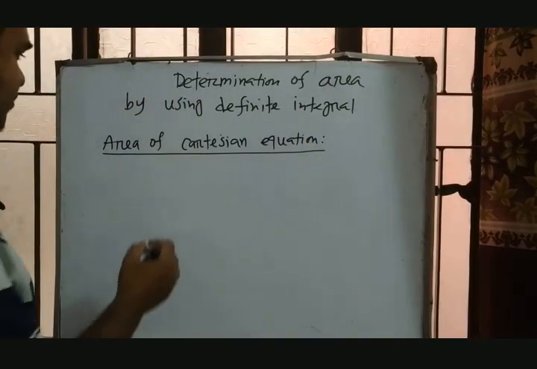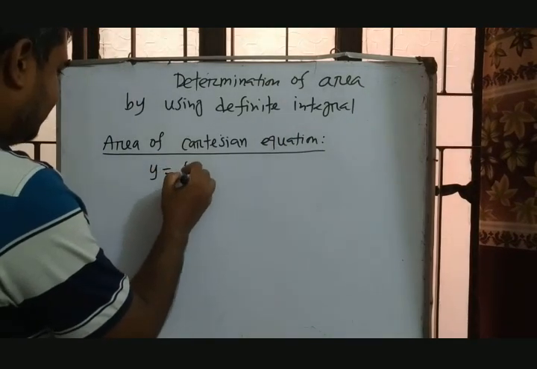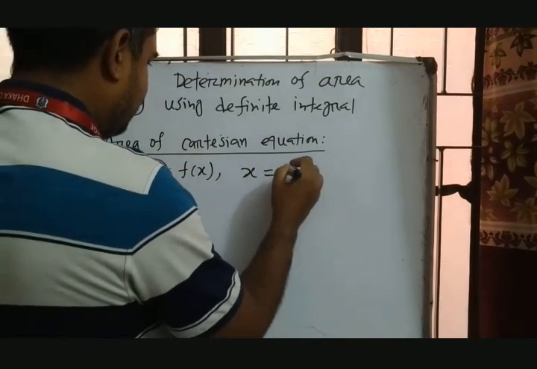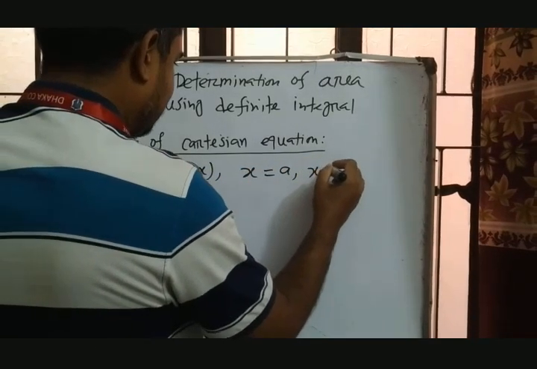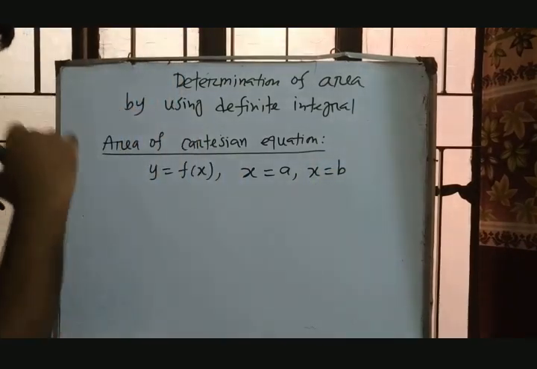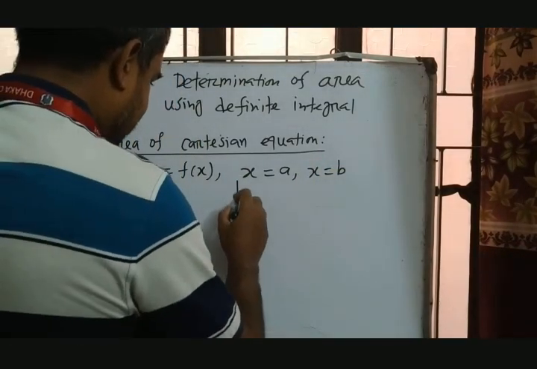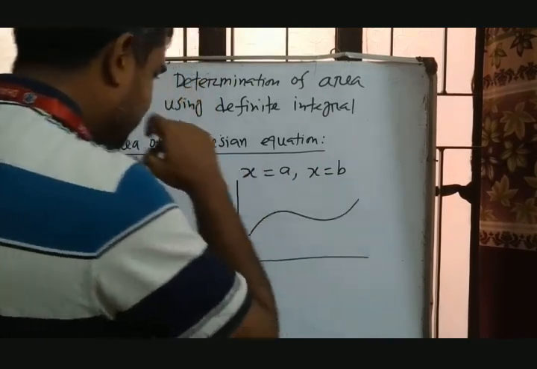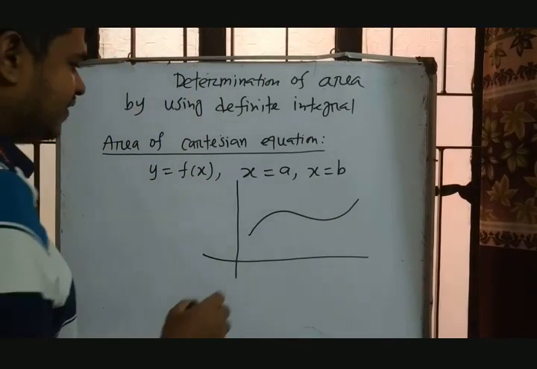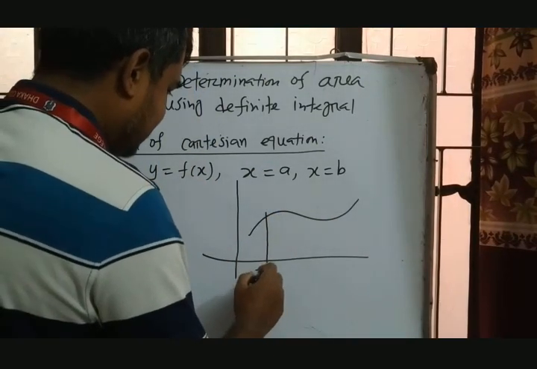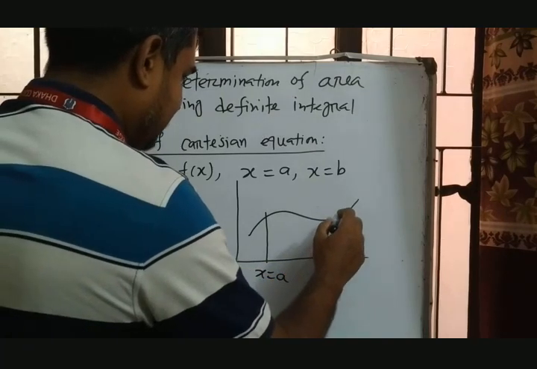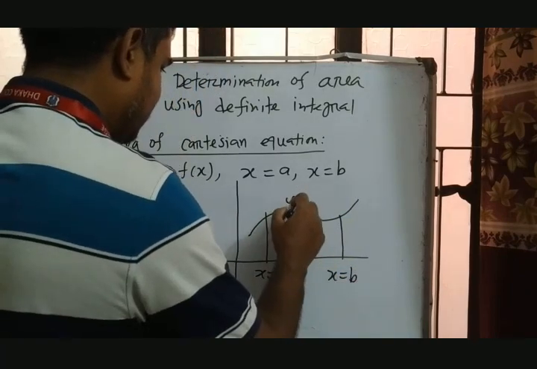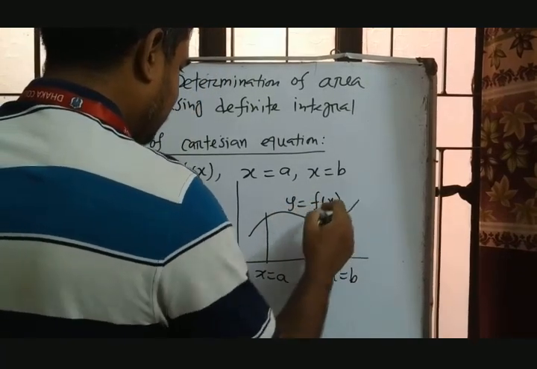তাহলে একটা কার্টেসিয়ান ইকুয়েশন যদি এরকম থাকে, y is a function of x and limit is x is equal to a, x is equal to b, and if we draw the function, if we get such a graph, the limit is x is equal to a and x is equal to b, the function is y is equal to f of x.